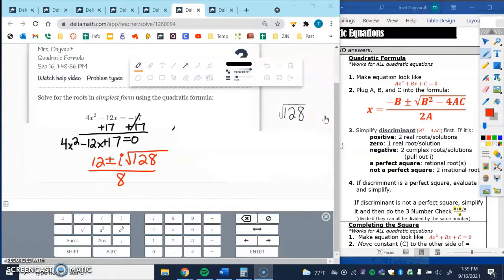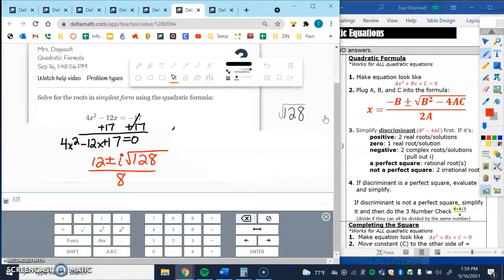So I'm going to try to think of any perfect squares that go into 128. So I know my perfect squares. We know 1 squared, 2 squared. I'm just going to try some bigger numbers first. Like I know 36 is a perfect square, and that doesn't work. So let's try 128 divided by, let's see, we know 4 squared is 16.